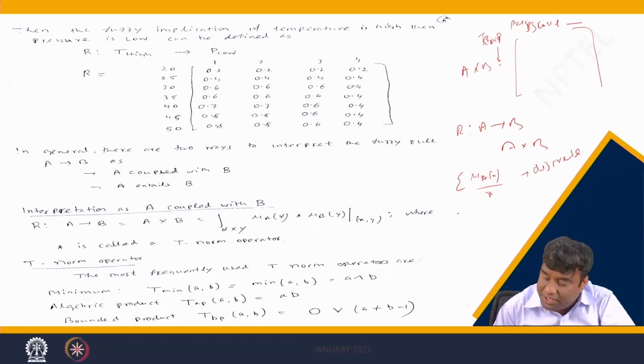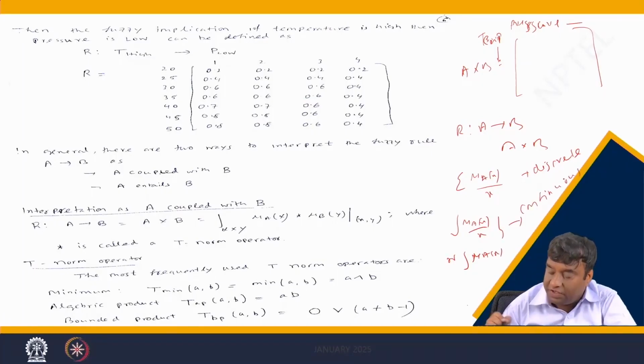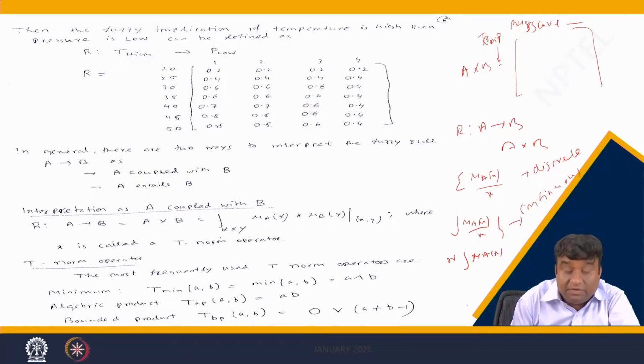For the continuous variable, you can write the integration of mu A(x) by x, the notation, or simply you can write the integration of mu A(x). So these are for continuous fuzzy variables or elements x, y in the universe of discourse X cross Y, where star is called the T-norm operator.